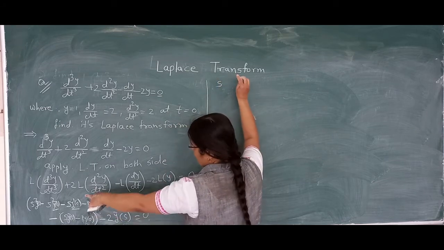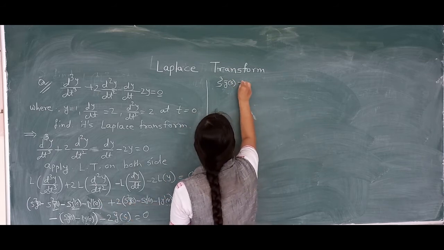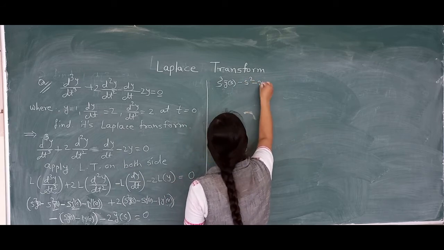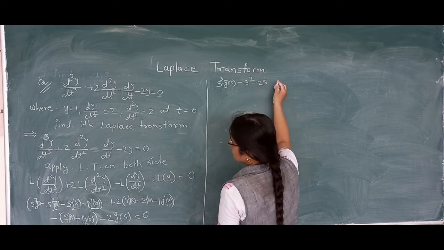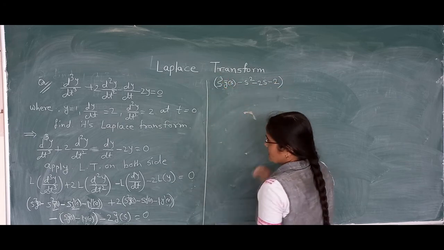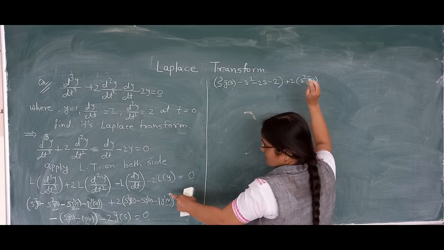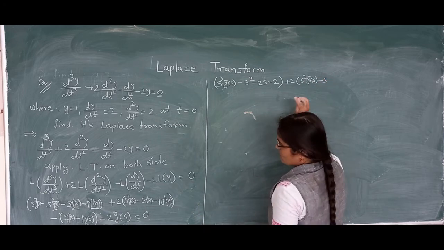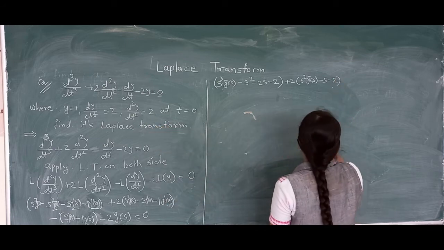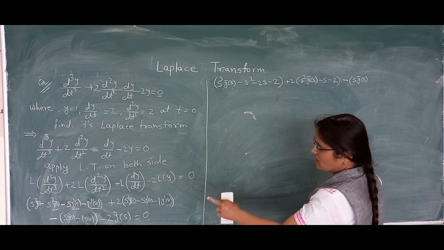It is s cube y bar of s minus s square into 1, so it is s square, minus 2s, minus y double dash which is also 2, so it is minus 2, plus 2 into s square y bar of s minus s minus 2, because y dash value is 2, minus s into y bar of s minus y at 0.